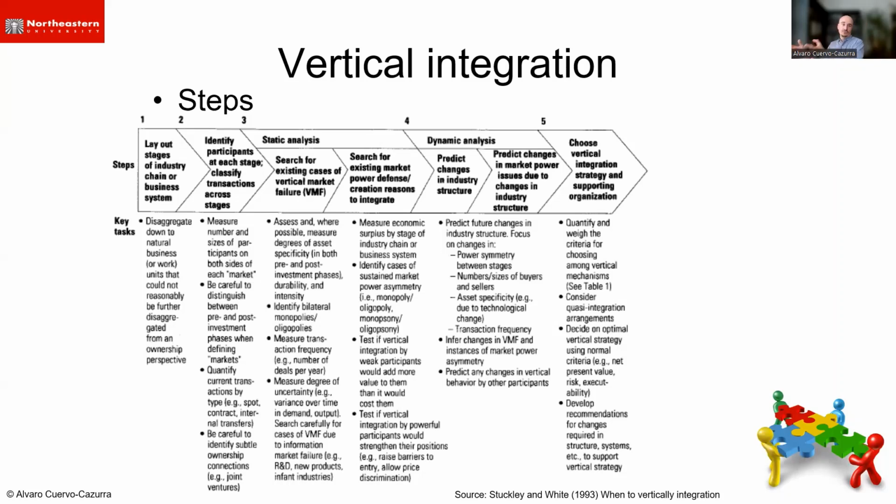And then move into the dynamic. Yes, this is what is happening now, what is going to happen in the future. And mostly because there might be a story of technological changes, regulatory changes that alter this particular analysis, or back again to what is going to be happening both in the market failures and market power, and then decide how we are going to integrate.